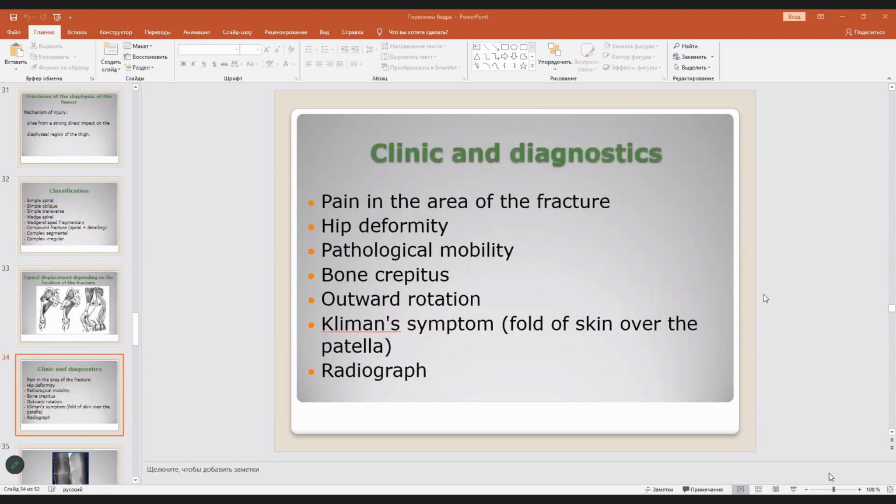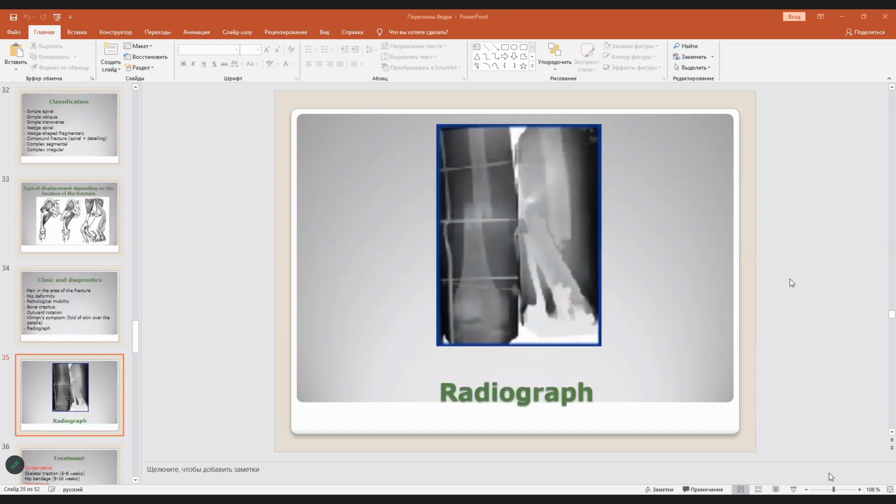Clinical and diagnostics: pain in the area of the fracture, hip deformity, pathological mobility, bone crepitus, outward rotation, Clemens symptom, fold of the skin over the patella, and radiograph. For example, picture or radiograph, fracture of the femur at the middle.